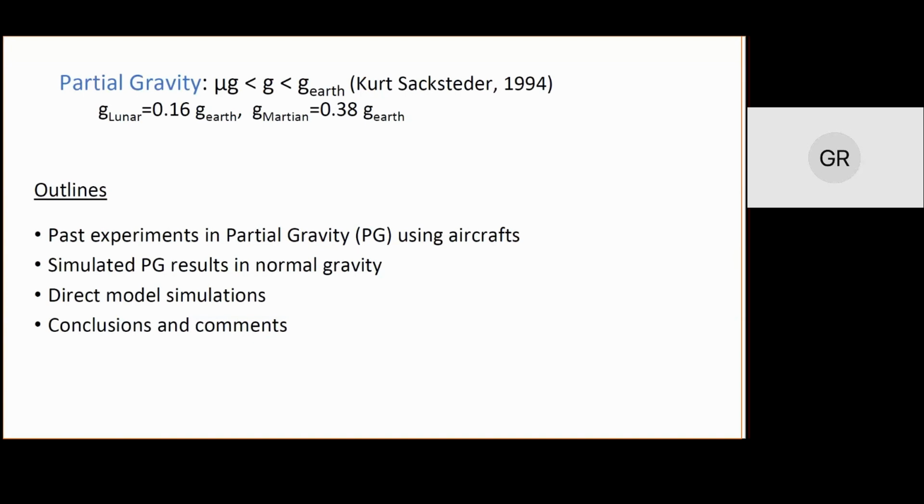Now the lunar gravity and the Martian gravity, of course, are special cases. So my talk will cover past experiments in partial gravity using aircraft. I'm going to touch upon simulated partial gravity results in a normal gravity environment, and briefly mention direct model simulation, and then conclusion.